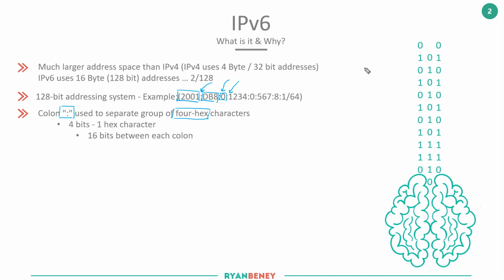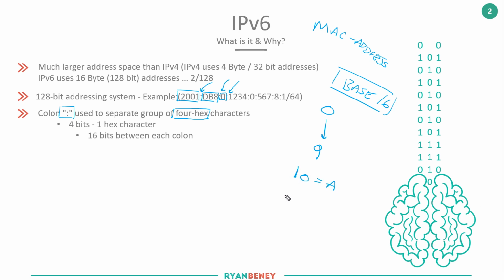Now hexadecimal, very similar to what we've seen previously with our MAC addresses at layer 2, is actually base 16. What do we mean by that? It has 16 values, which are 0 all the way up to 9, so 1, 2, 3, 4, and so forth. But once it hits 10, it becomes a character.